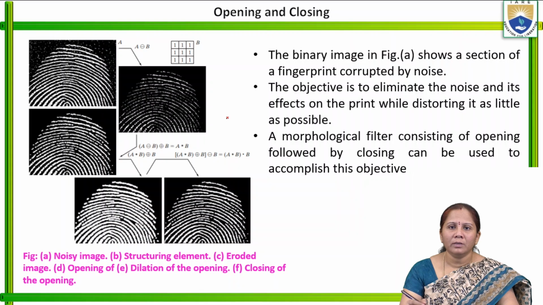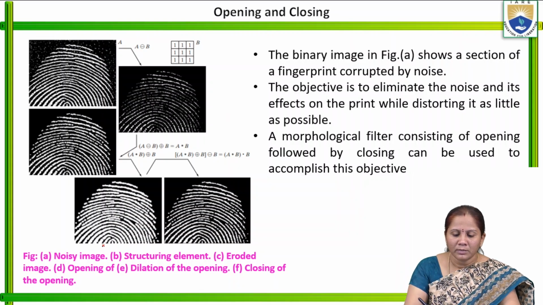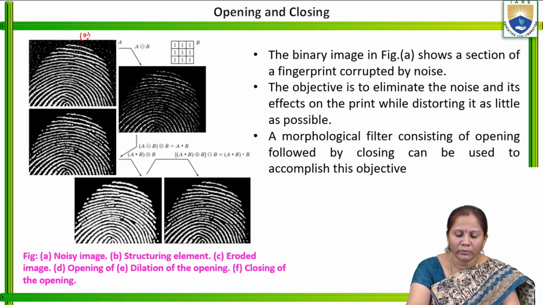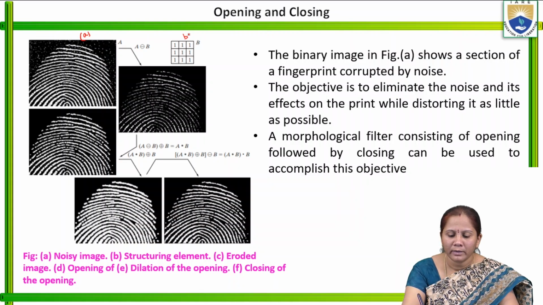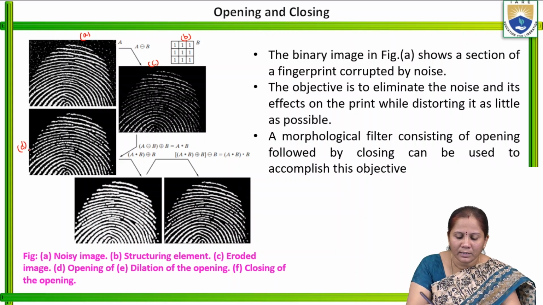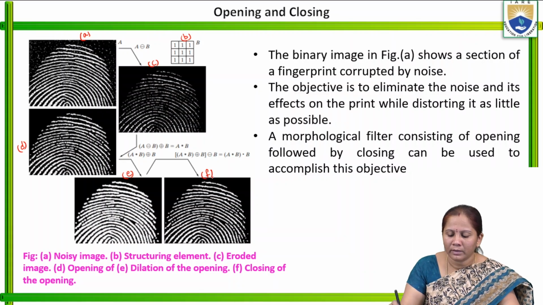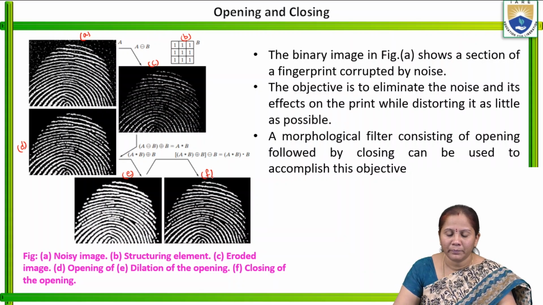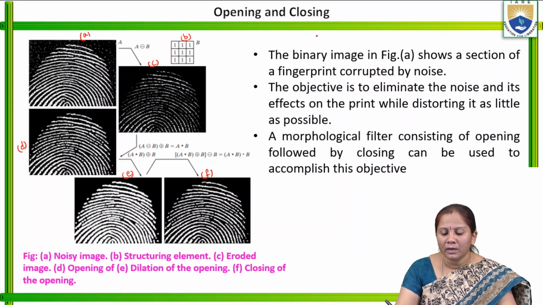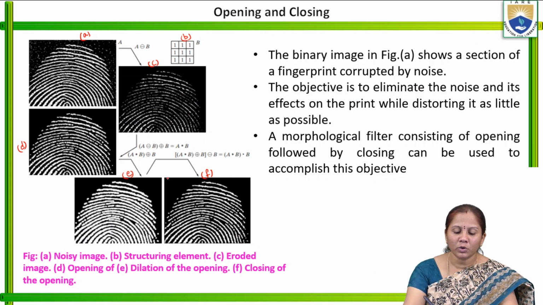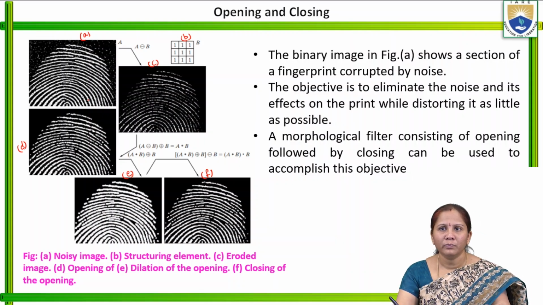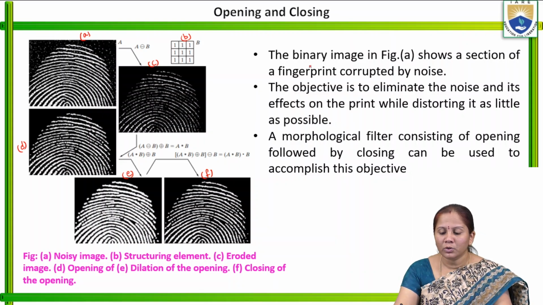Now, one example figure is considered. This is the figure of A, this is B, and it indicates C, this is D, E and this is F. What this image shows is a fingerprint.